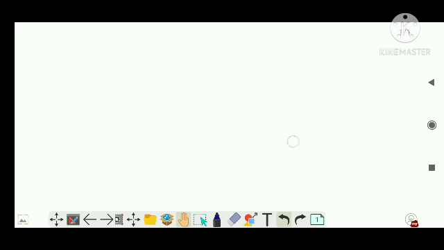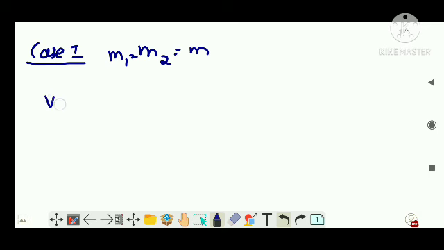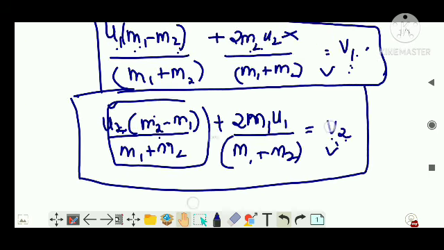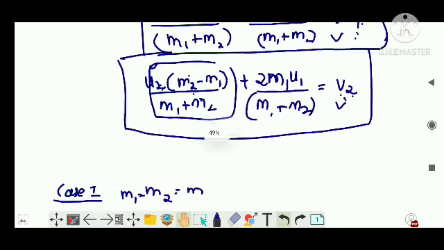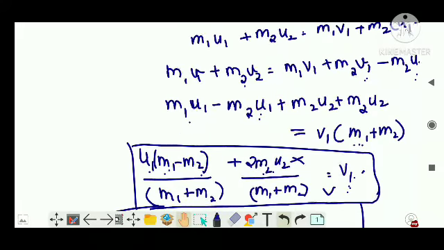Now here also, just like some of the earlier cases, you have to deal with some cases. Case 1. Suppose M1 is equal to M2 is equal to M. That is, both the bodies undergoing elastic collision have equal masses. So let's take V1's equation. What happens?